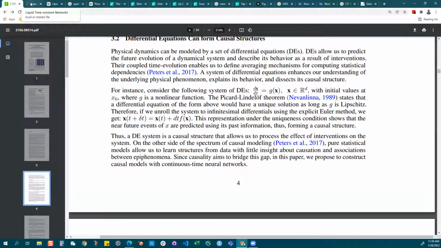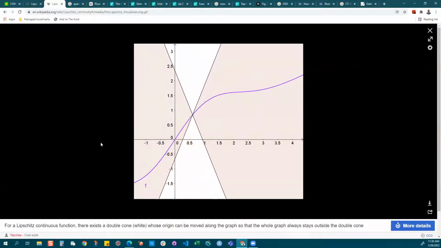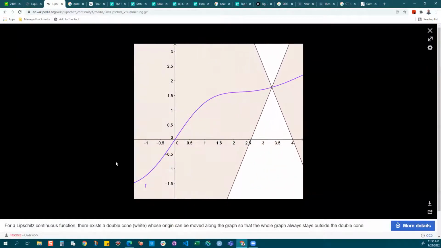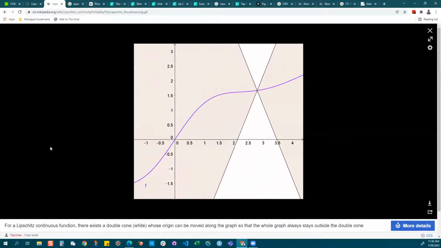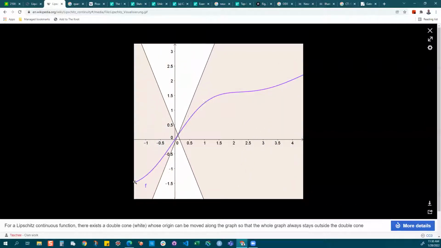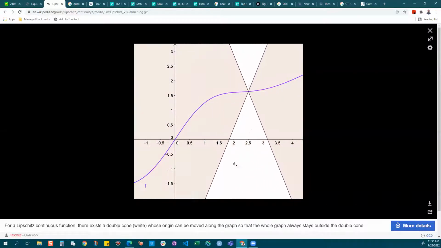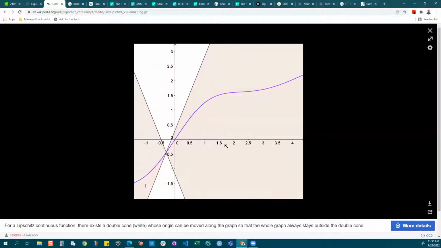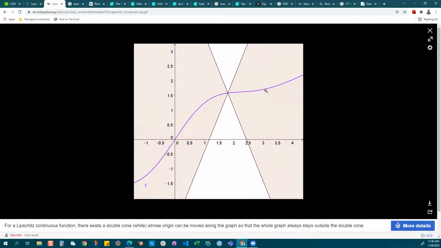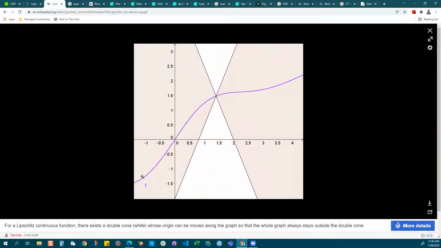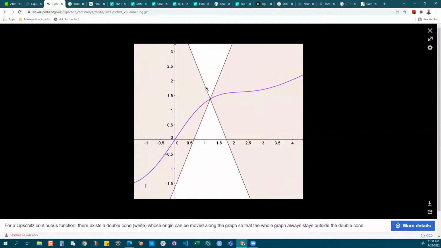But very briefly, I wanted to explain what Lipschitz functions are. They're very similar to continuous functions, but how they're defined is that if alongside our function we have two white cones like this, as we see in this picture, and these two white cones intersect on our function, at no point will any part of our function intersect with either of these two white cones.